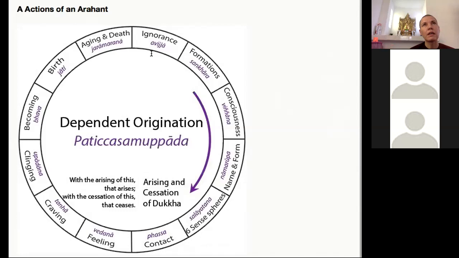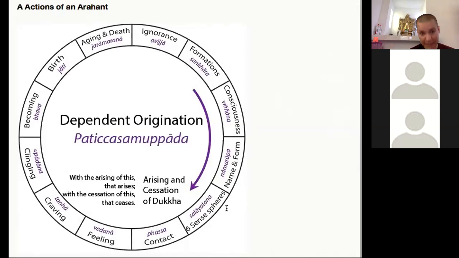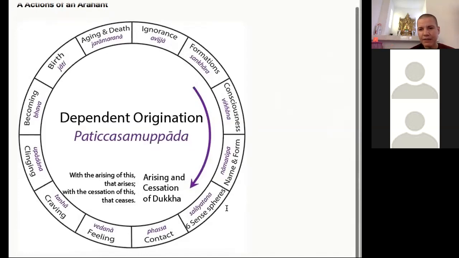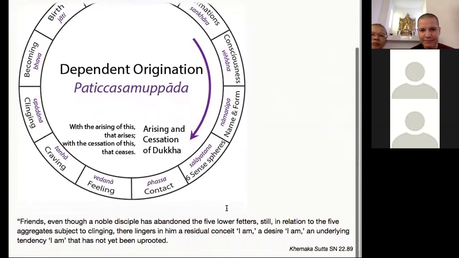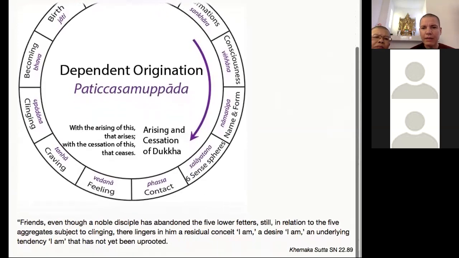So to support that statement, I want to cite you a sutta where one monk named Khemaka is explaining to other Theras how he understands, how he experiences.